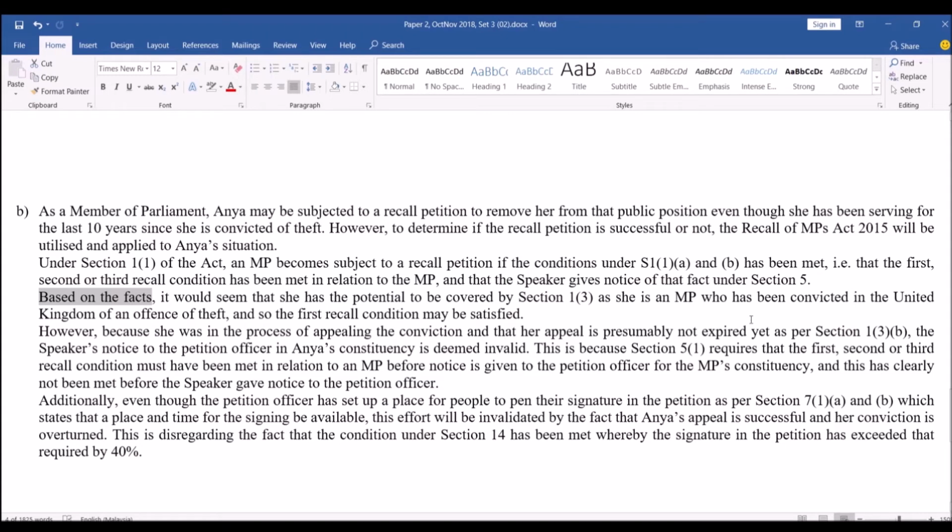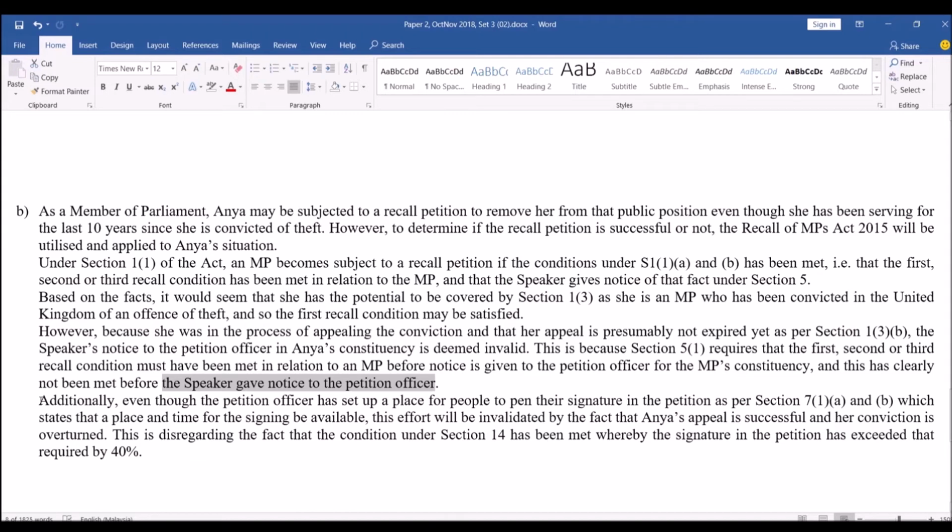And here, the first one is with regard to Section 1 sub 3 concerning how she's convicted. And then next is 1 sub 3 sub B concerning her appeal, and also the Speaker's notice, which is considered invalid. And then Section 5 sub 1, this is regarding what the Speaker has said, right here.